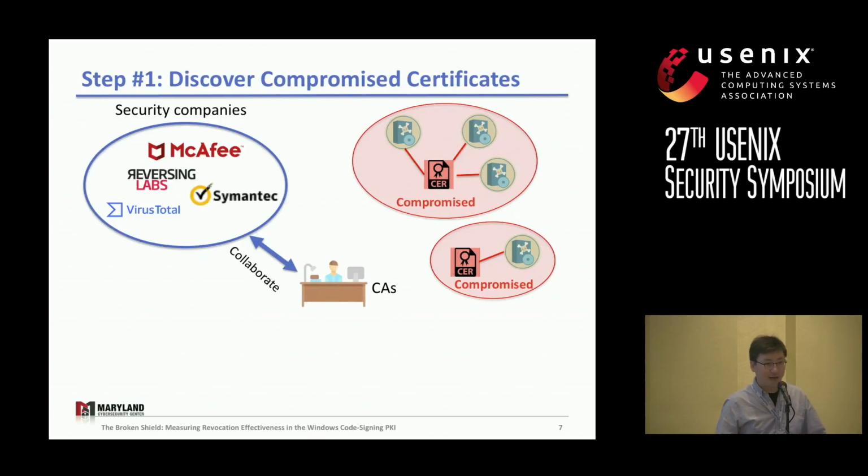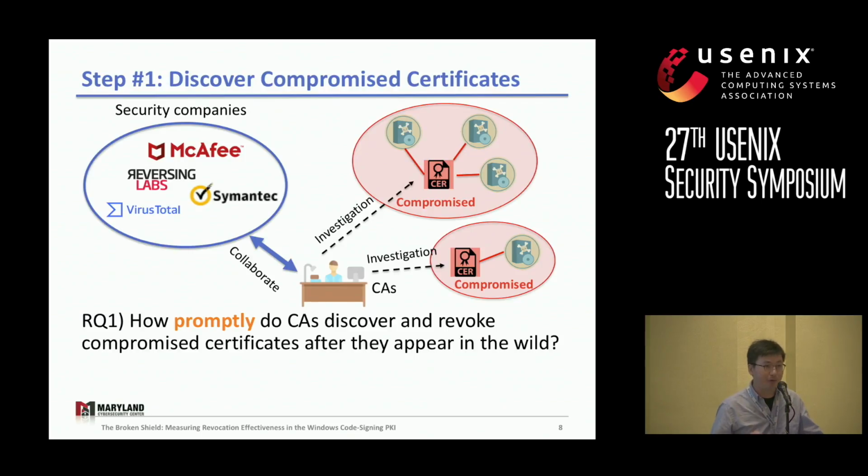Let's look at the first step. The effective revocation process starts with discovering the compromised certificate. The CA has to collaborate with security companies to discover compromised certificates. And then after a compromised certificate is discovered, the CA has to start an investigation on it.